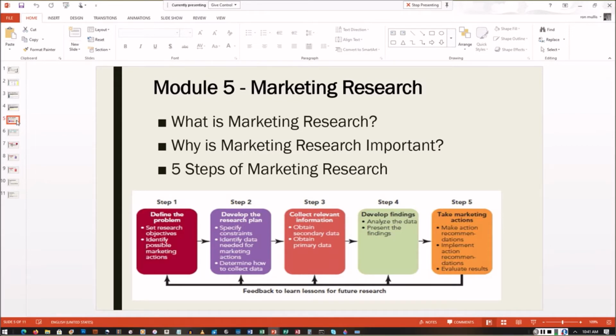Like most processes in the marketing world, market research has its own steps. It's a 5-step process, as you can see on this slide. It's linear in that all 5 steps must be conducted in the order that they're given. However, it's cyclical. Even if the process is only conducted once, feedback can occur at each step.